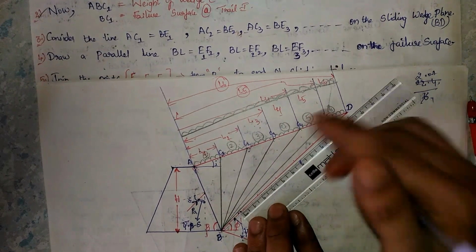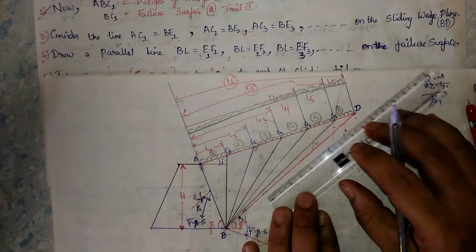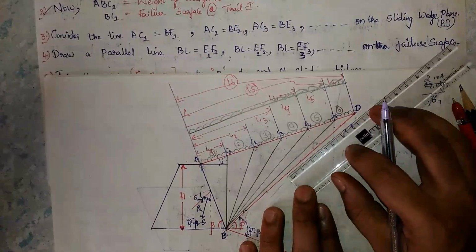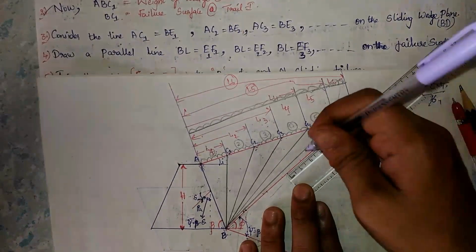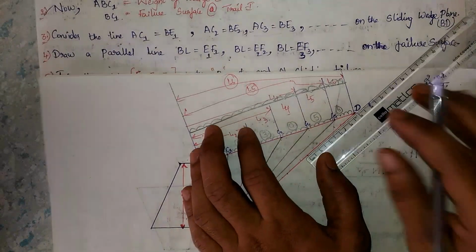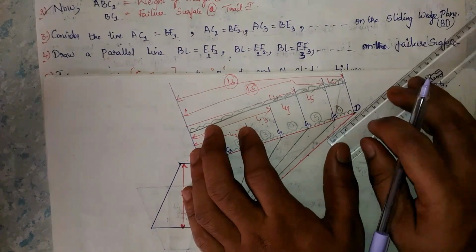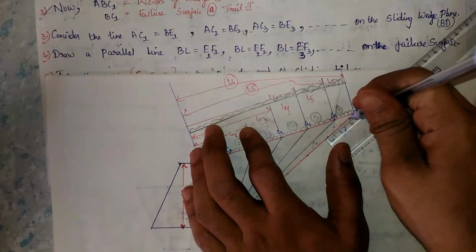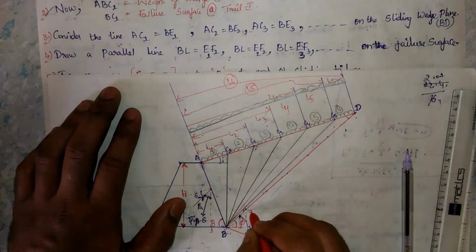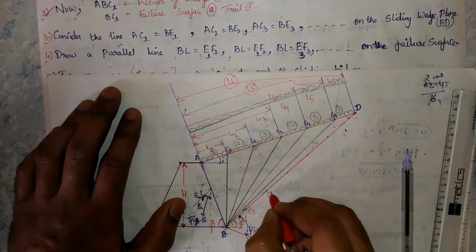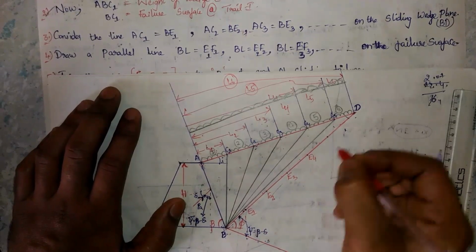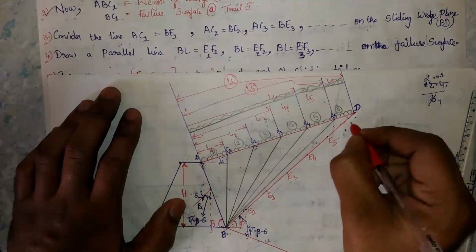Next here also 2.1, here also 2.1, next here also 2.1, here also 2.1, and the last one here also 2.1. So name the points here E1, E2, E3, E4, E5, E6.